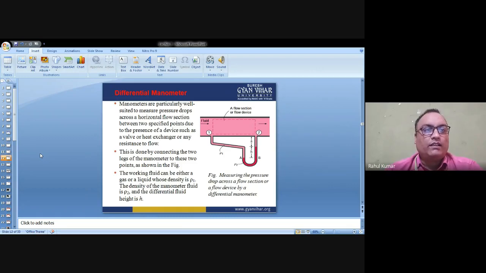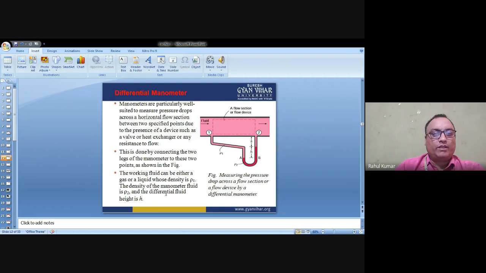This is done by connecting the two legs of the manometer to these two points, point 1 and point 2, as shown in the figure. Heavy liquids are present here, and the working fluid can be either a gas or a liquid whose density is rho 1.